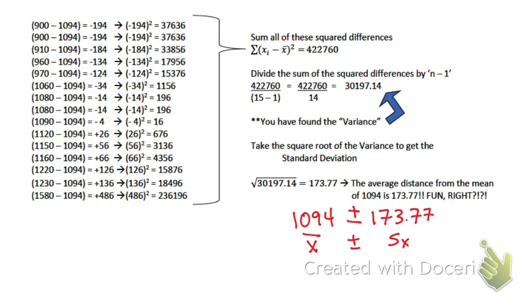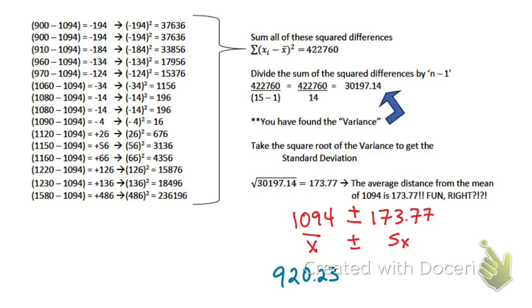So what is considered an average score for this group of students? Well, if I take 1094 and I subtract 173.77, what would you get? 1094 minus 173.77? What is it? 920.23? Is that what you said? Yeah.